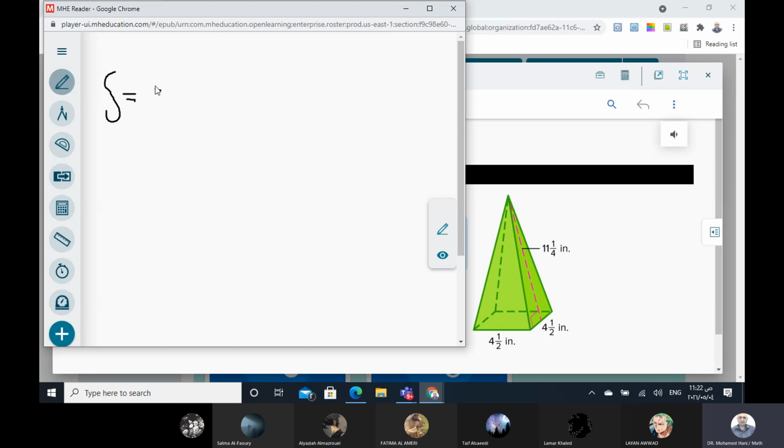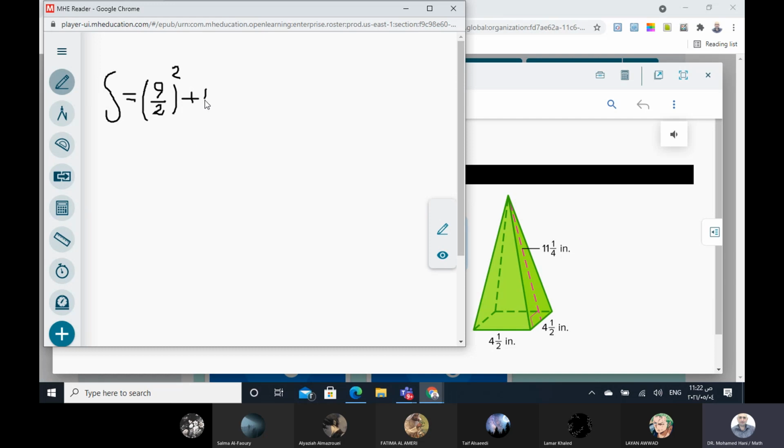So we can write here 9 over 2 squared. This is the area of the base. Then, how many lateral faces do you have? We have 1, 2, 3, 4.